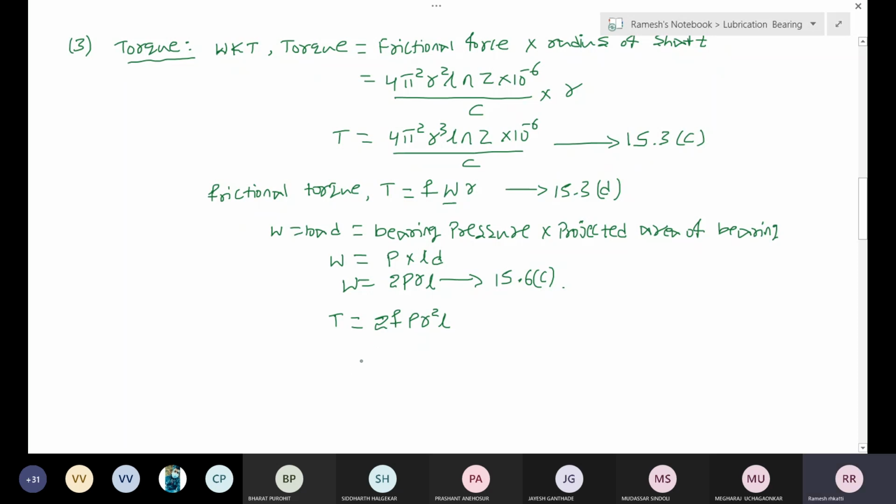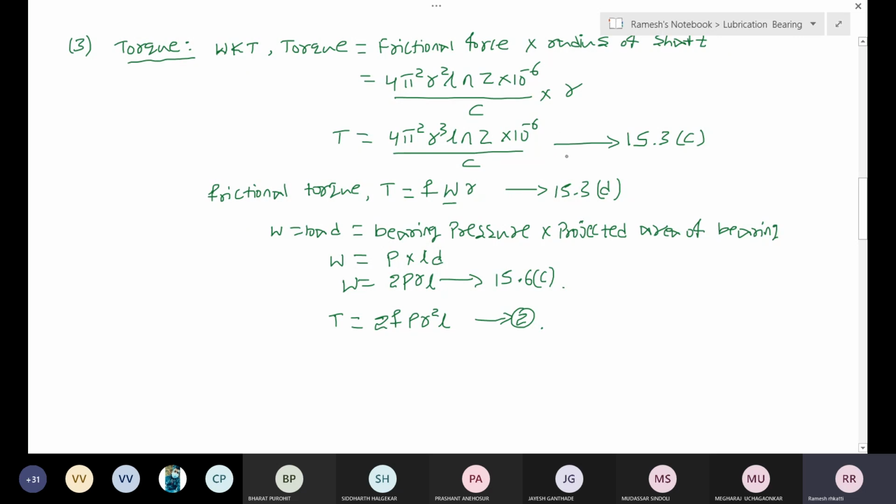Call this as equation 2, and we can call the torque equation as equation 1.